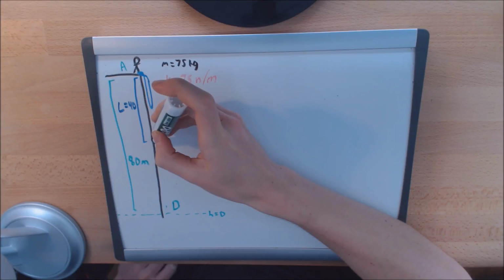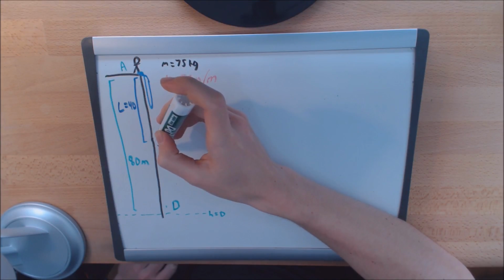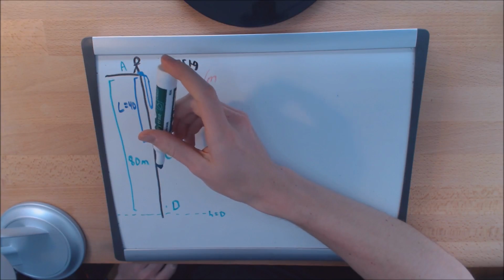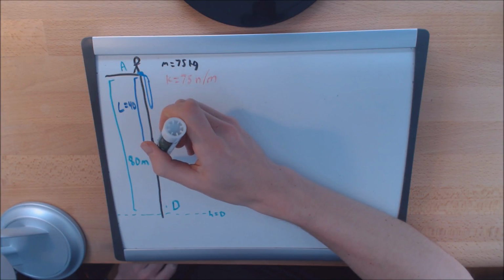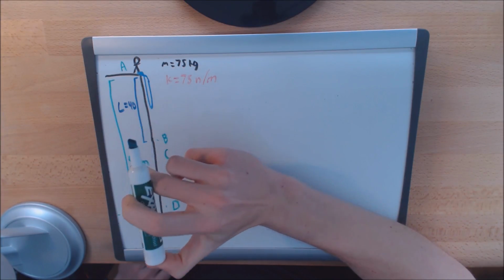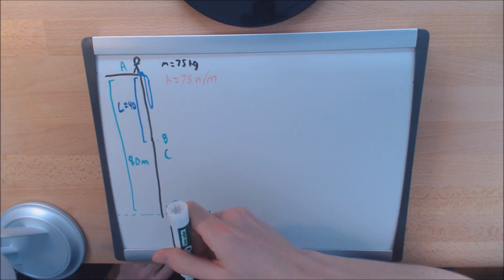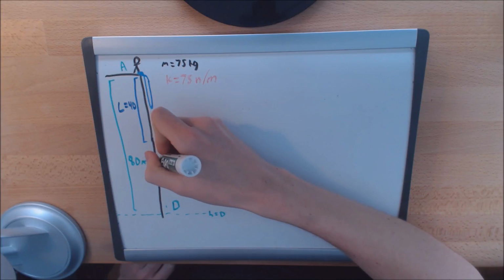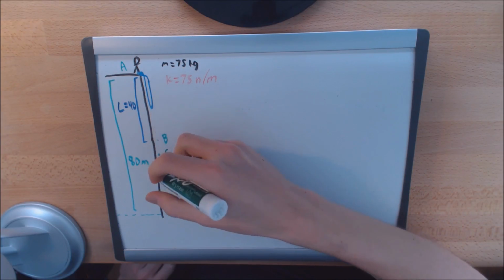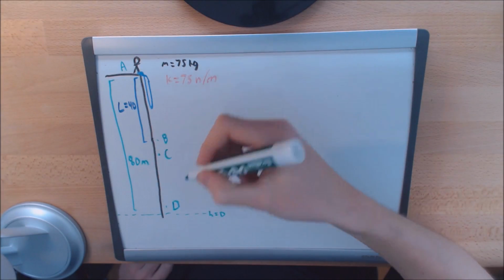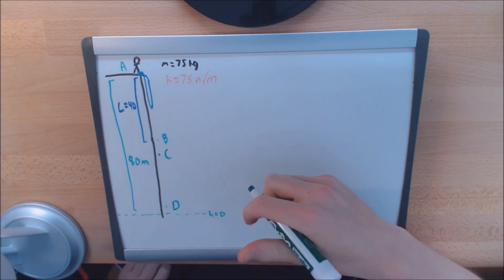It's not just going to be at B, because his net force is still going to be down until the bungee cord pulls up just as much as the earth is pulling him down. So his maximum speed's actually going to be at C when the bungee and the earth balance out the forces on him.